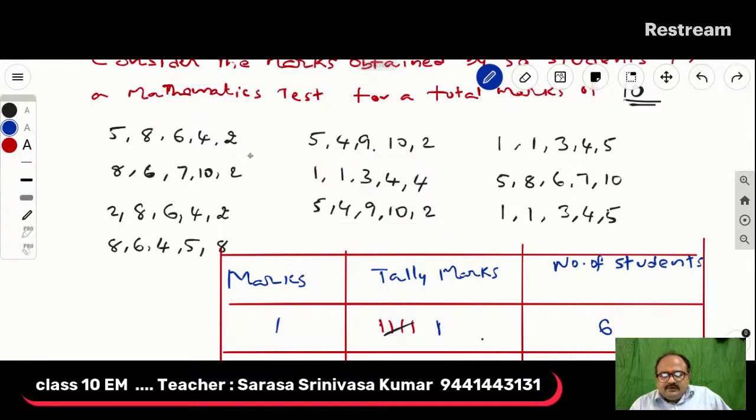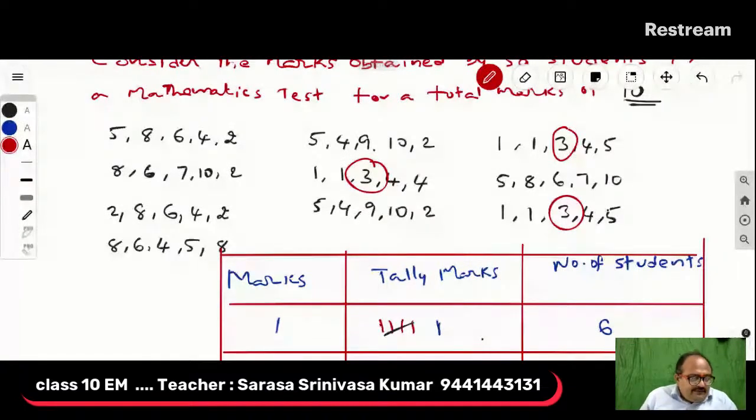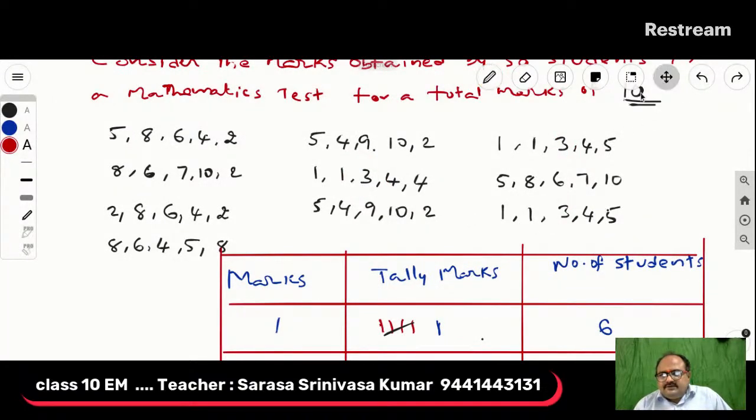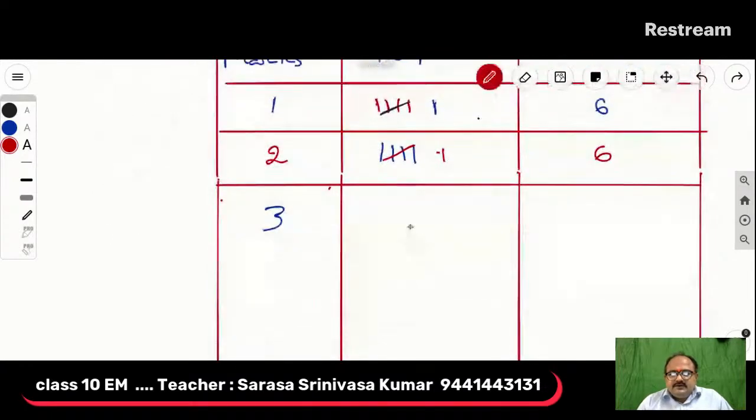So we got 1 student here, another second student, and third student here. So how many students got 3 marks? 3 students got 3 marks. So we write here 3 tally marks.